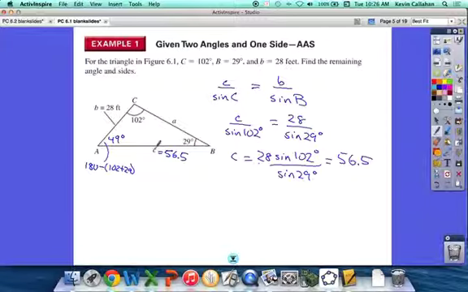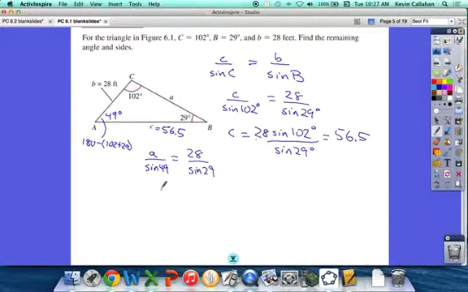I'll just say this is A over the sine of 49 equals 28 over the sine of 29. And multiply both sides times the sine of 49.